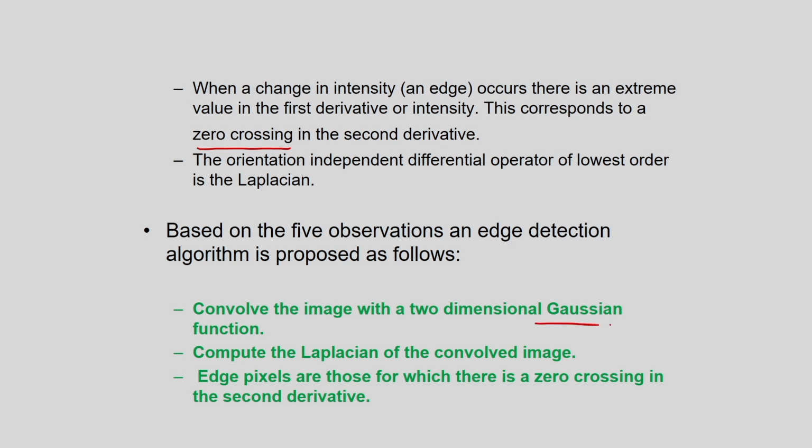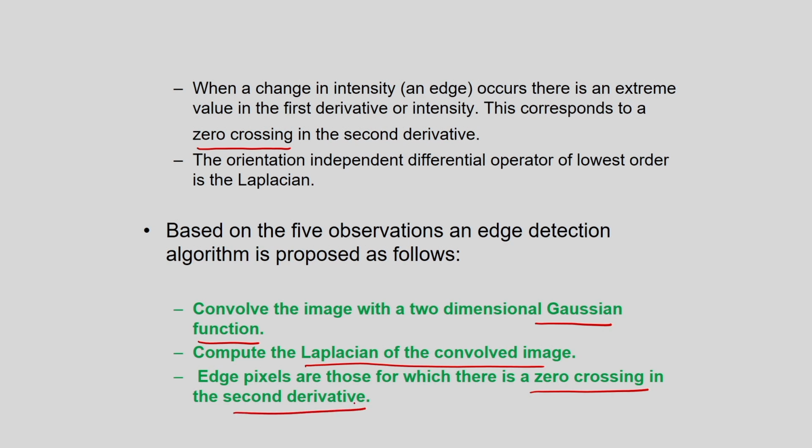So the first step is blurring the image by a Gaussian function. After this, I can compute the Laplacian of the convolved image, and based on the edge detection principle, I have to find the zero crossings in the second derivative.